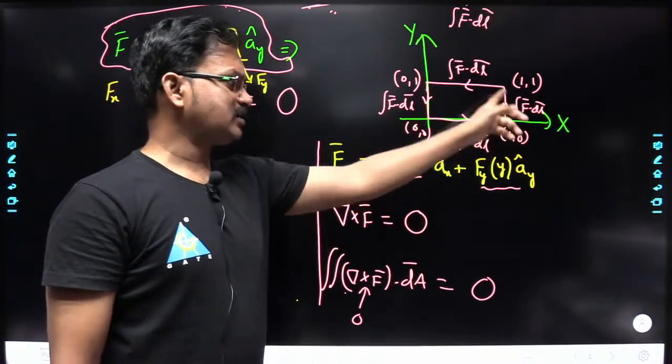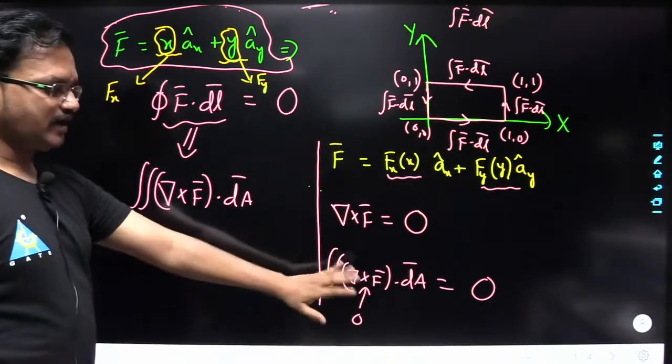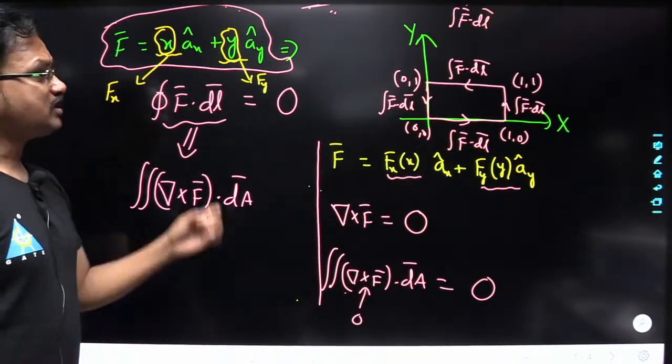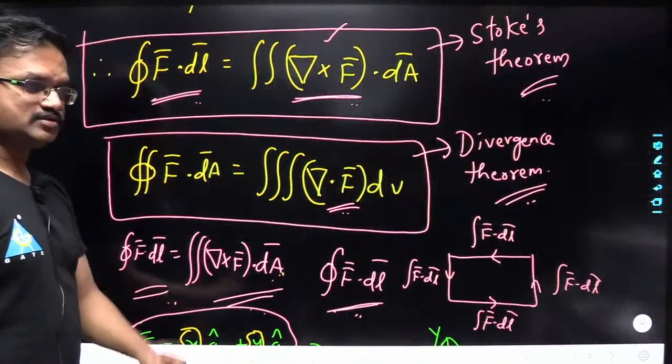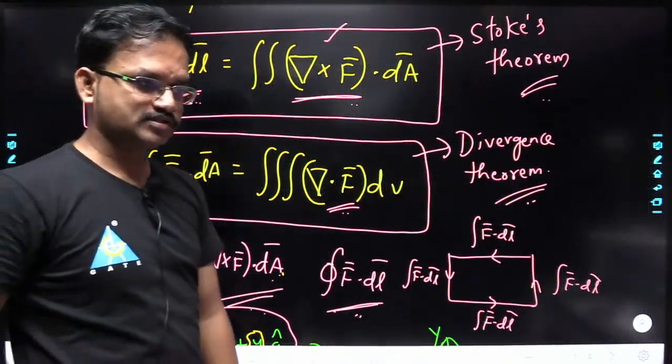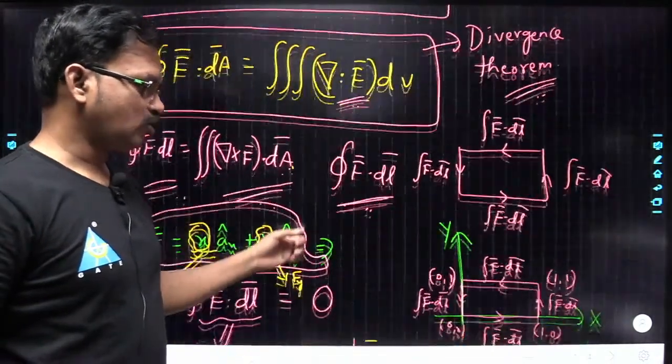The mathematical calculation involved there is more compared to this one, so here we can directly tell the answer. That is the purpose of Stokes theorem and divergence theorem. I hope it is crystal clear.